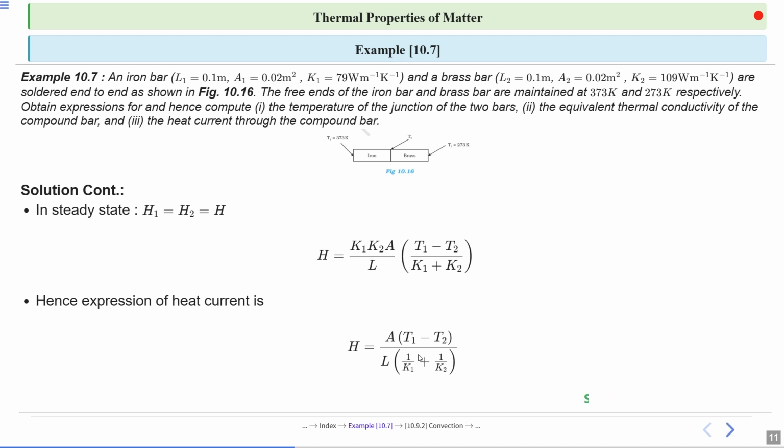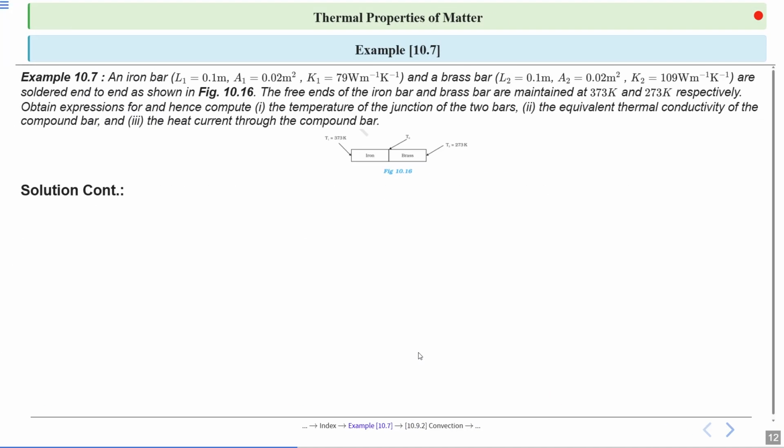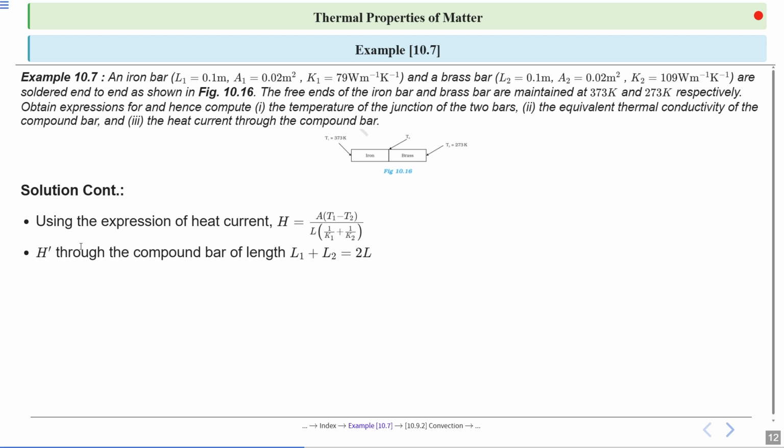All right. So using the expression of the heat current, that is H is equal to A into (T1 minus T2) divided by L into (1 upon K1 plus 1 upon K2), and H prime through the compound bar.